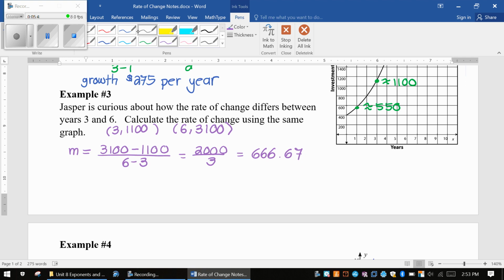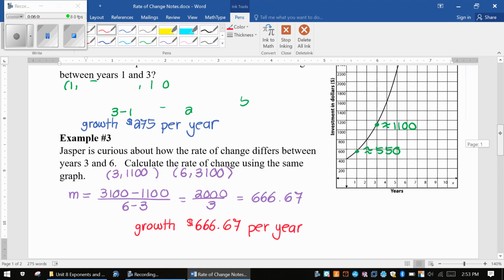So what this means is that between years 3 and 6, there was a growth of $666.67 per year.